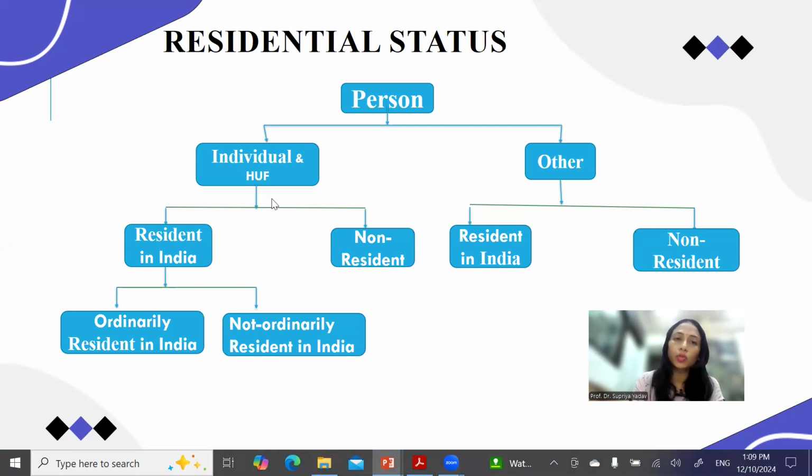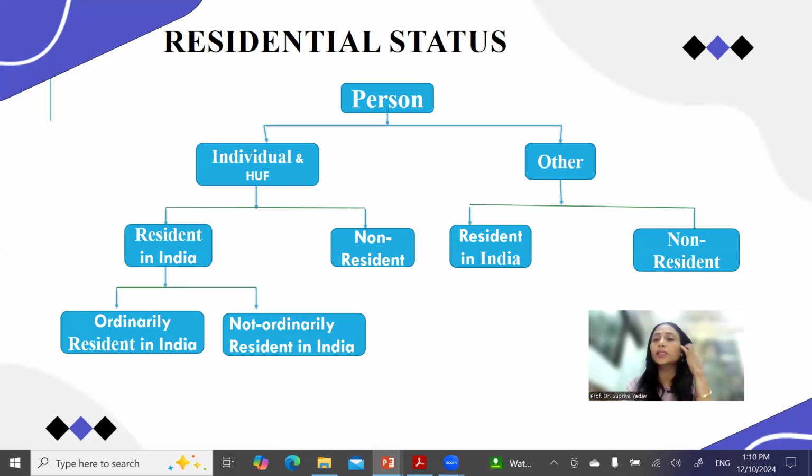In case of an individual, because individuals are persons who can move from one place to another, he can live here also and in foreign countries also. But in case of a company, it can't move from one place to another. So how to consider the status, or what point is to be considered to decide the residential status of those others? Others means in case of a body of individuals, in case of an association of persons, in case of a company, or in case of artificial judicial persons.